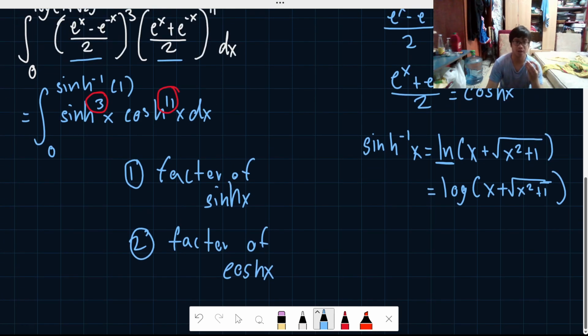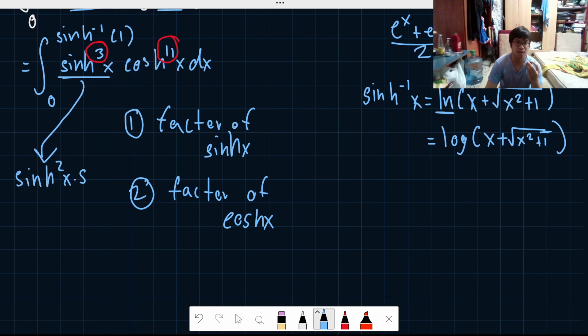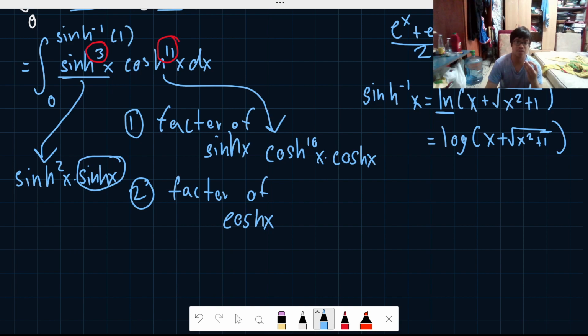If you pick the first choice, this cube of hyperbolic sine would become the square of hyperbolic sine times hyperbolic sine. And there, you get the factor of hyperbolic sine. But if you pick the second choice, which is a factor of hyperbolic cosine, this would become hyperbolic cosine of x raised to 10 times hyperbolic cosine of x. So therefore, you already get the factor of hyperbolic cosine.